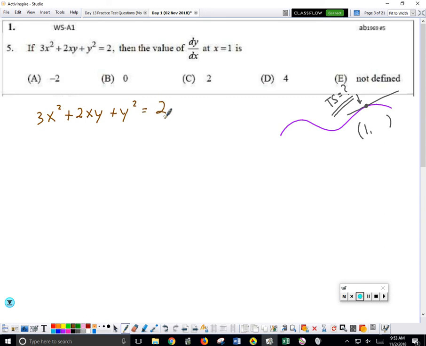Now we take the derivative of both sides. I'm going to use the addition property, so the derivative of this is going to be 6x. Now I must use the product rule. Then the power rule.